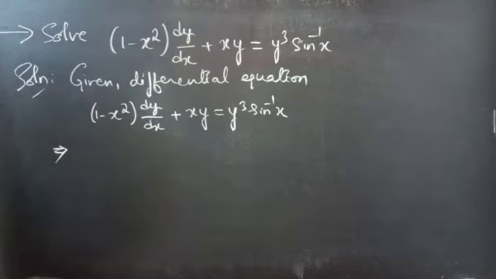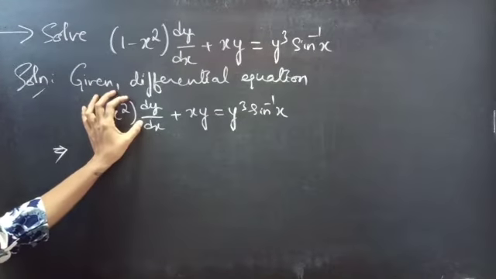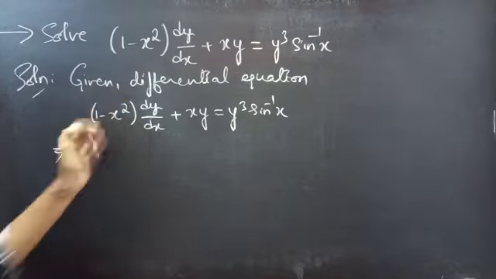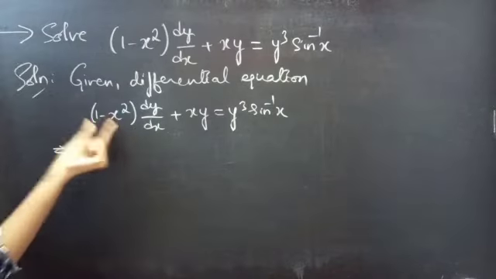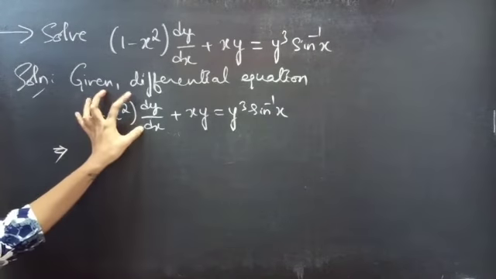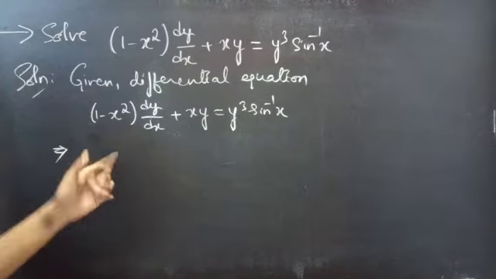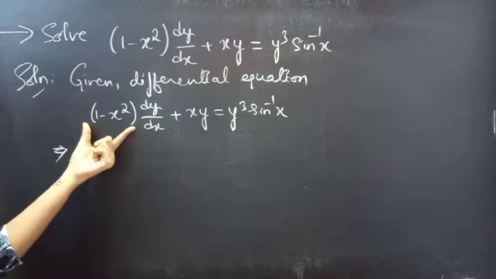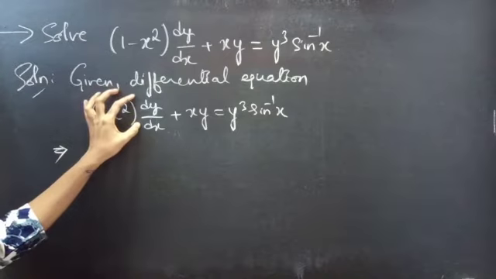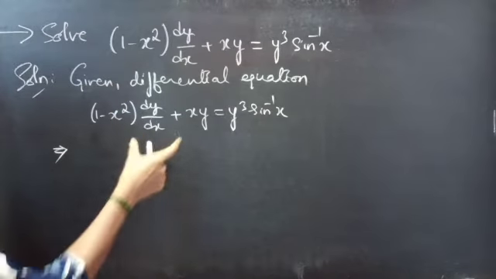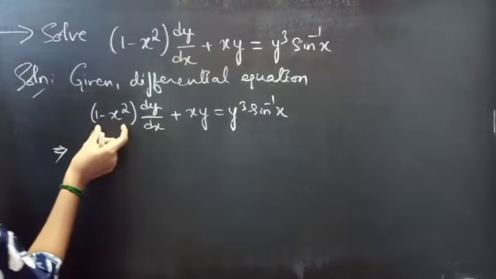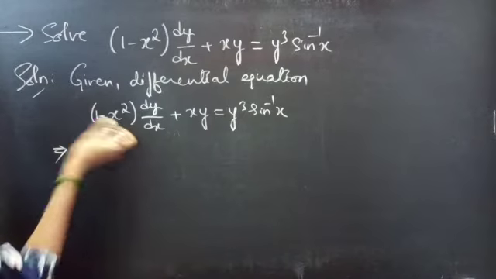Now, we are having the quotient of dy by dx, which is 1 minus x square. We always need to get the quotient of dy by dx as 1. If you get some quotient, then make that quotient 1 simply by dividing both sides of the equation with 1 minus x square.